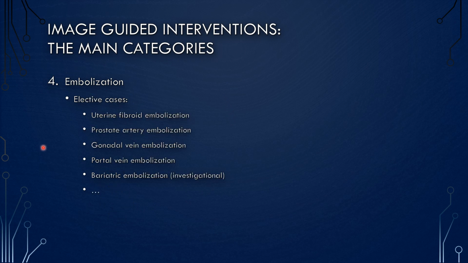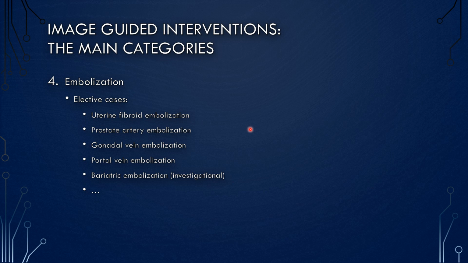So embolization can be done for elective cases or it can be done for emergency cases. We will talk about elective cases quickly here. Sometimes uterine fibroids can occur in patients, and in the proper clinical setting we can embolize them instead of opening up or doing a laparoscopic myomectomy for fibroid removal.